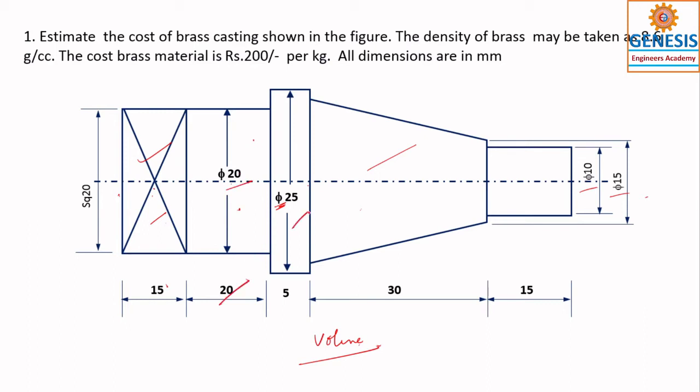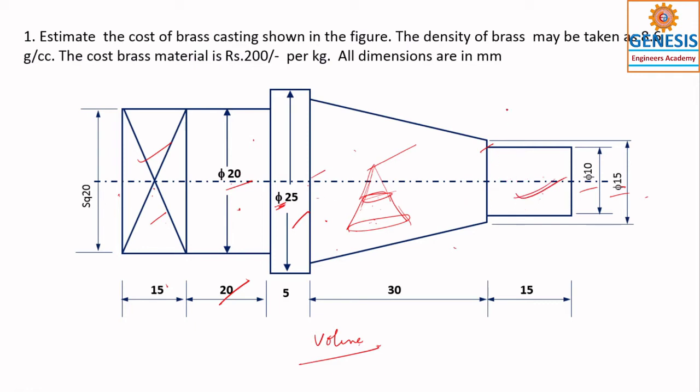The same thing you can apply, and you can also use the trapezium formula, or the truncated cone formula, because this has one diameter here and another diameter here, that is why it is a truncated cone. You can also take the full length and cut out a portion, or use another formula I will explain. And for the solid cylinder, the same formula you can apply.